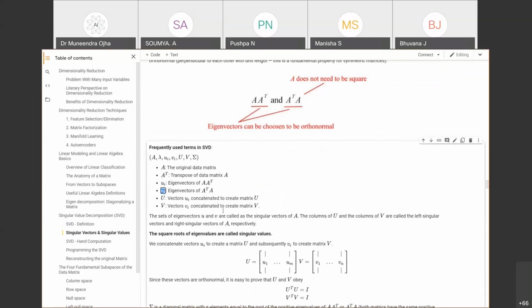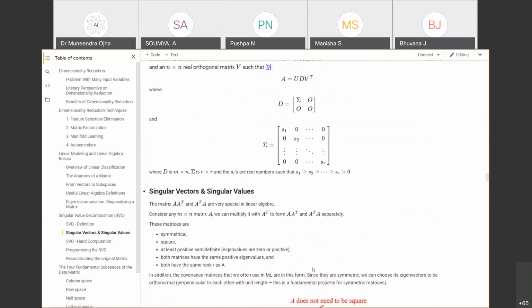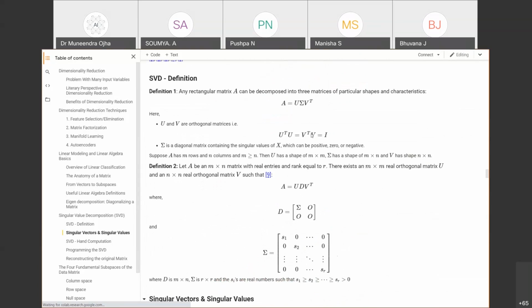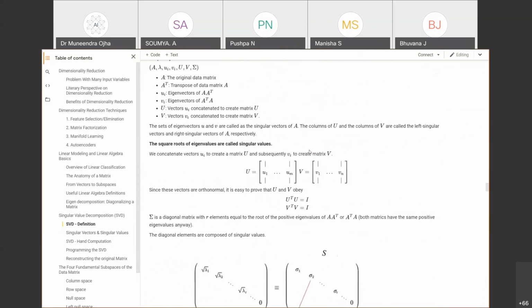I concatenated all vi as columns to get our matrix V. Now this U and V are orthogonal, so their vectors are orthonormal. They have the property that U transpose U is equal to the identity matrix and V transpose V is equal to the identity matrix. So immediately I have obtained this part of the singular value decomposition, right?